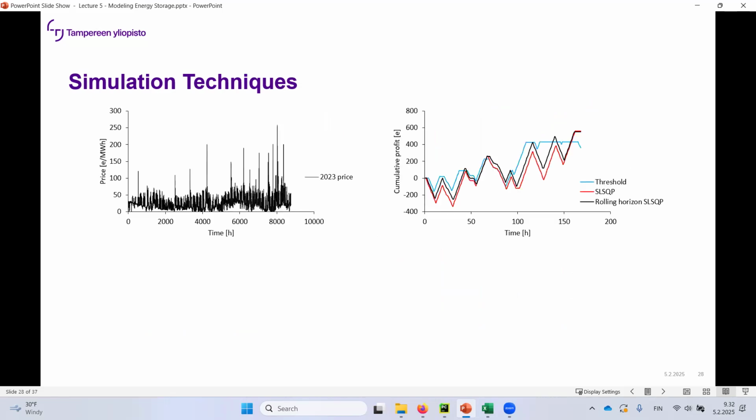And I tried 3 of these methods. First, sequential least squares programming, a hard phrase to say. That's an optimization of the full span. Then the threshold system, and then I tried rolling horizon with sequential least squares programming.